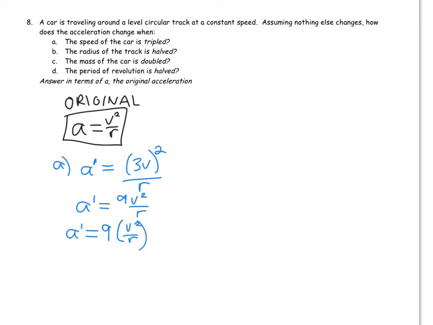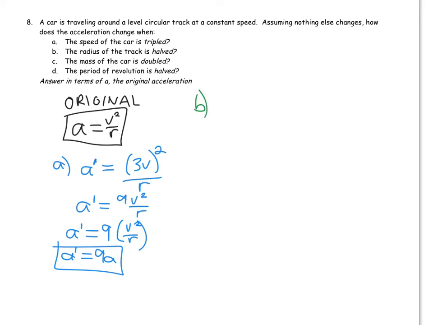I know that v squared over r is simply equal to that original acceleration. So for this first one, my new acceleration is 9 times my original acceleration. This is one where if you had just reasoned your way through it with the fact that acceleration is directly proportional to v squared, you could say that if the speed triples, the acceleration will increase by a factor of 3 squared, or 9. That would work as well, but we can do it mathematically too.